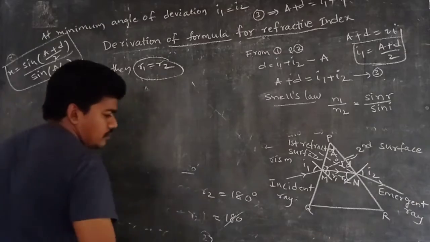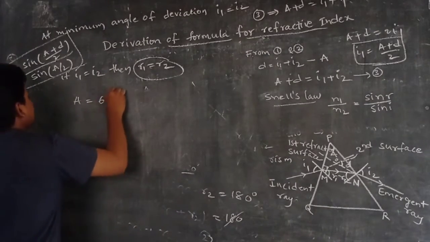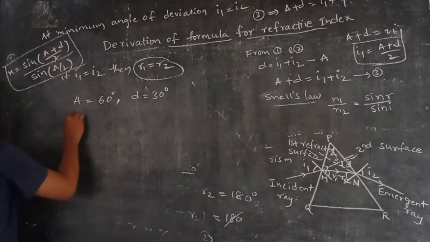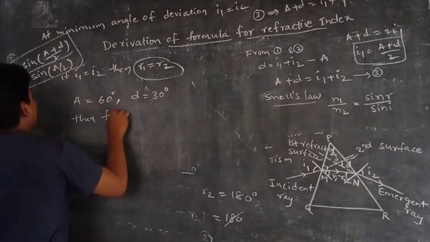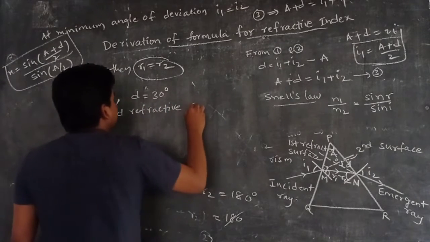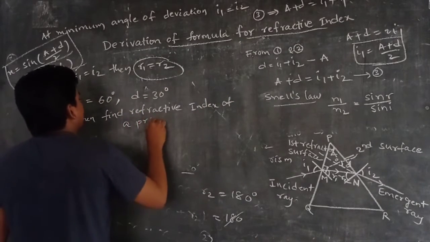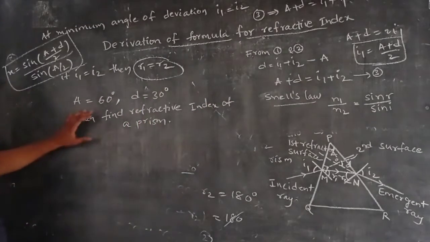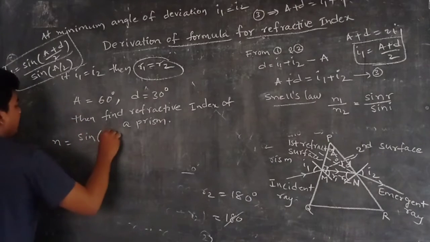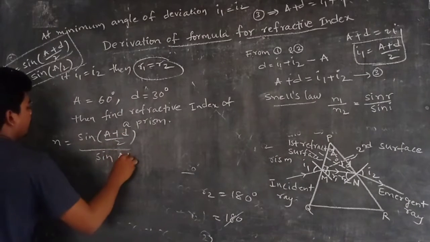For example, the angle of prism A is given as 60 degrees and the minimum deviation is given as 30 degrees. Then find the refractive index of the prism. A is equal to 60, D is equal to 30 degrees. Then the formula is n is equal to sin of (A plus D by 2) by sin of A by 2.